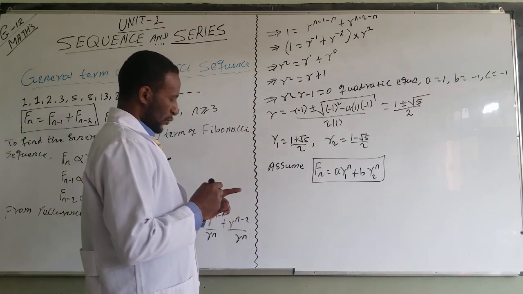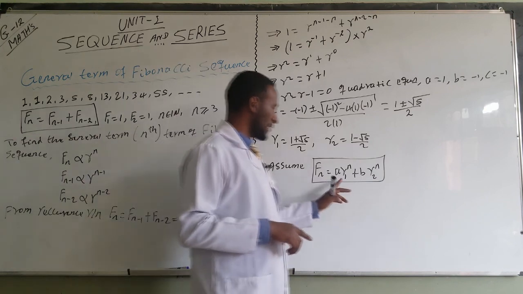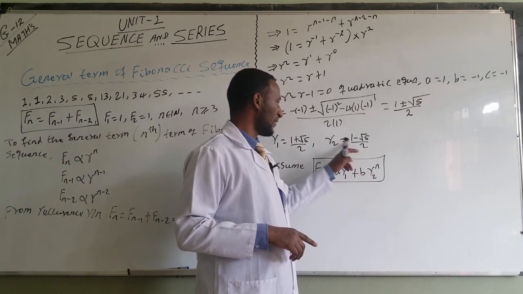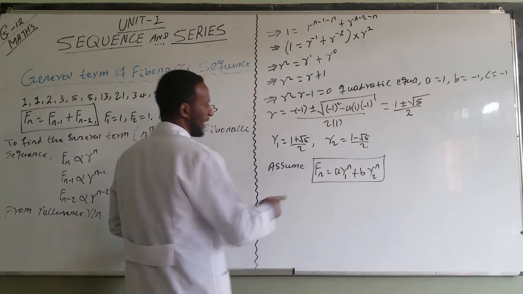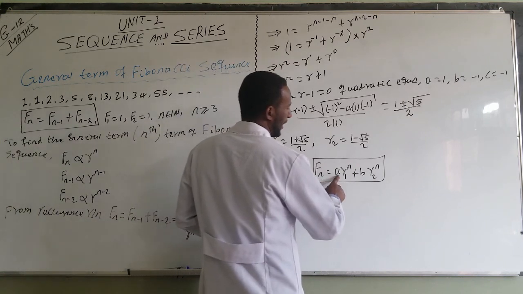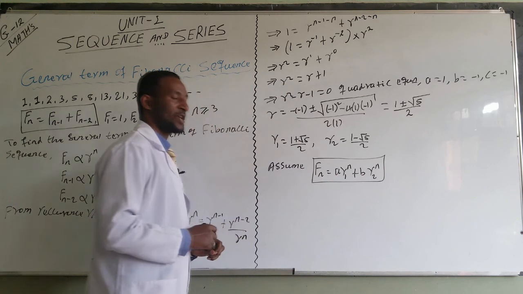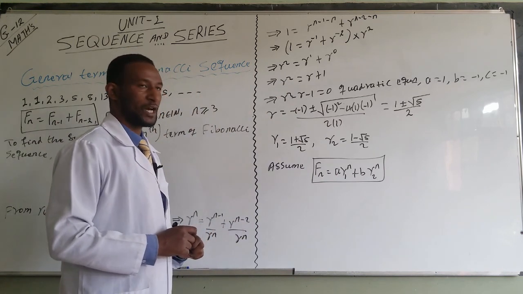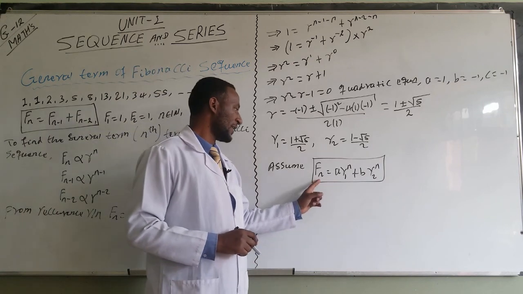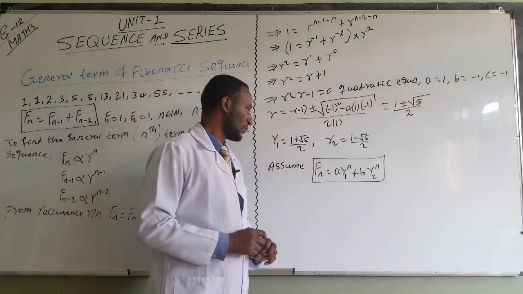Then we can replace r1 and r2 with their values. Then we can find the value of a and the value of b. Then we can get the general term of the Fibonacci sequence when f of n is a Fibonacci sequence.